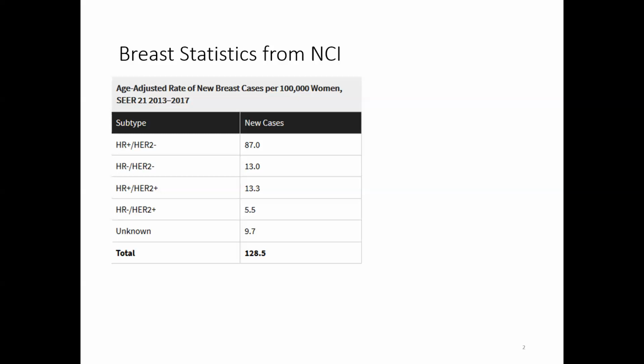This is a rate more than 6 times higher than the triple negative breast cancer rate of 13 and the hormone receptor positive, HER2 positive breast cancer rate of 13, and over 15 times higher than the HR negative and HER2 positive breast cancer rate of 5.5. All of those rates are age adjusted.